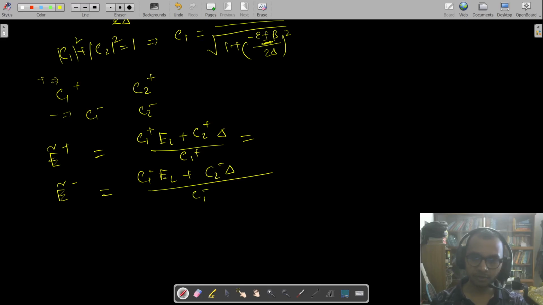I'll spoil it for you: the energy split that we needed to calculate in part A remains the same. It doesn't change if you consider C1 plus or C1 minus. It still remains the same, which was epsilon squared plus delta squared. Let's work it out explicitly so that you can put your mind at ease.